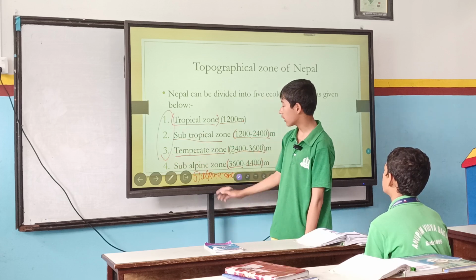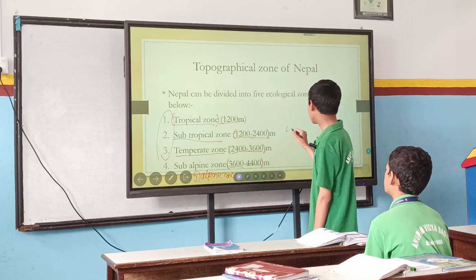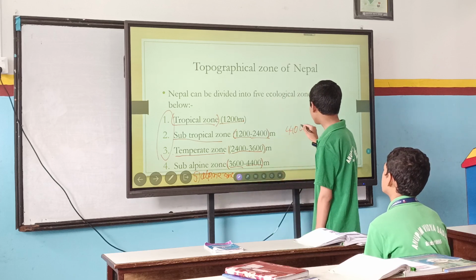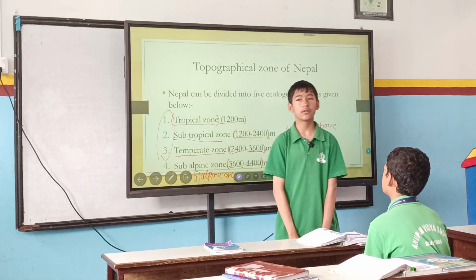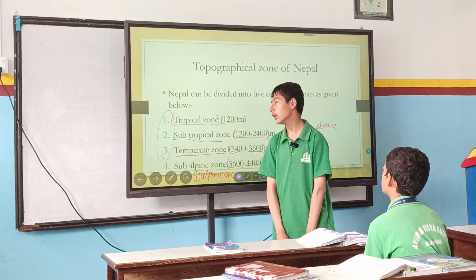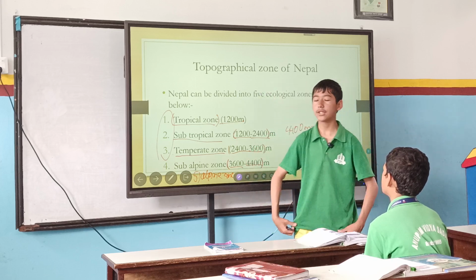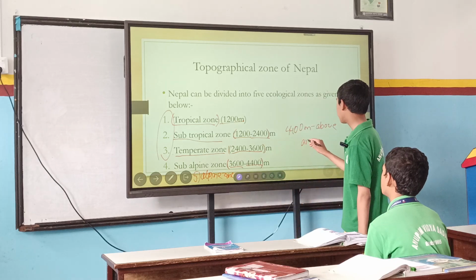But when talking about the fifth one, the alpine zone, it is from the altitude of 4400 meter and above. So the alpine zone is the ecological zone of Nepal which lies above 4400 meter of altitude. At 4400 meter, only some animals and plants are found there.